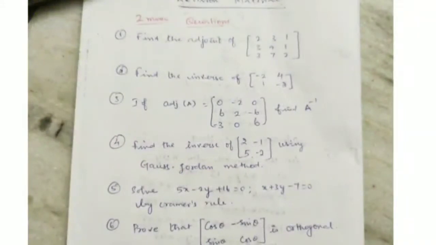I give you 6 important 2-mark questions, like that 6 three-mark and 5-mark questions also. So revise all these questions thoroughly, practice very well, do the exam honestly and submit the papers.